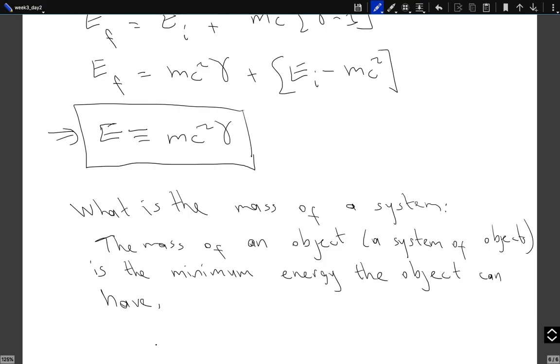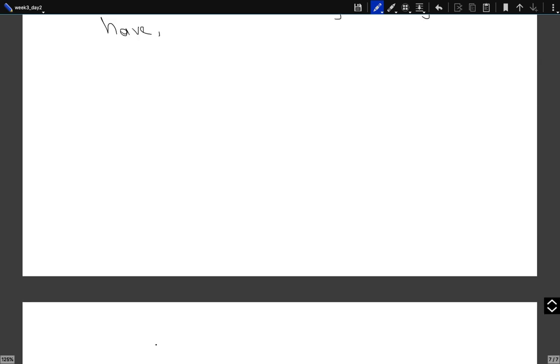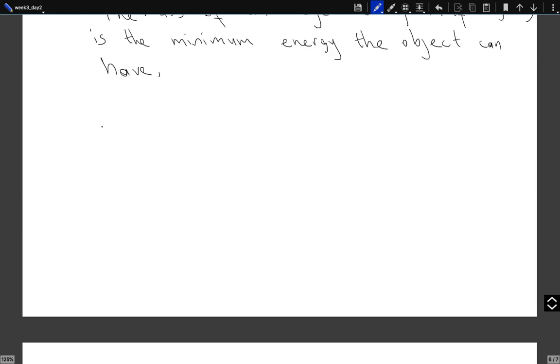Well, let's see what about momentum if that is the case. Now, so these are the questions we will be answering. What is the relation between energy and momentum?